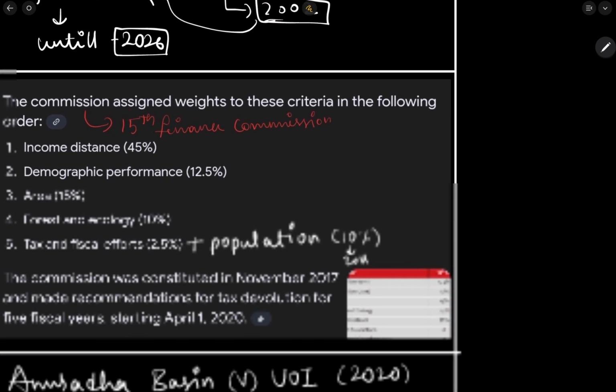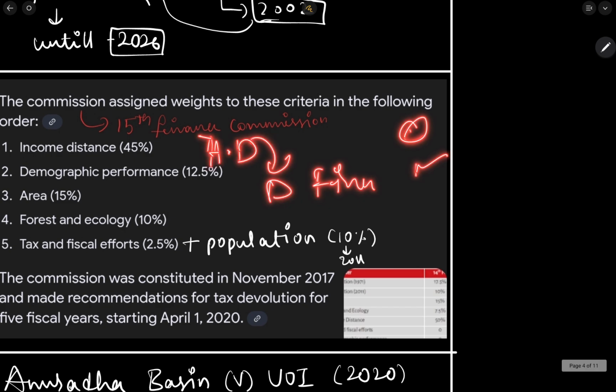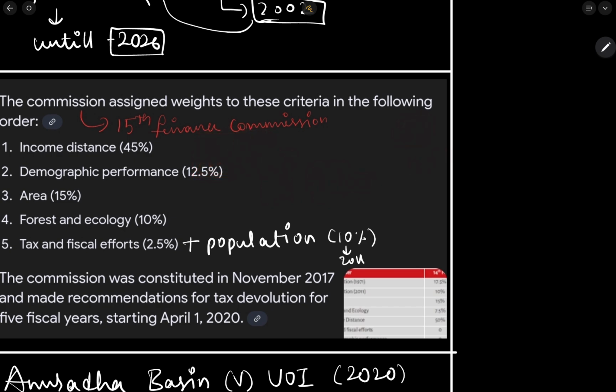Okay, next we have the Finance Commission. The basic work of the Finance Commission is the devolution of finances between the Center and the states. Vertical devolution is nothing but the funds which will go to the Center and which will go to the states.